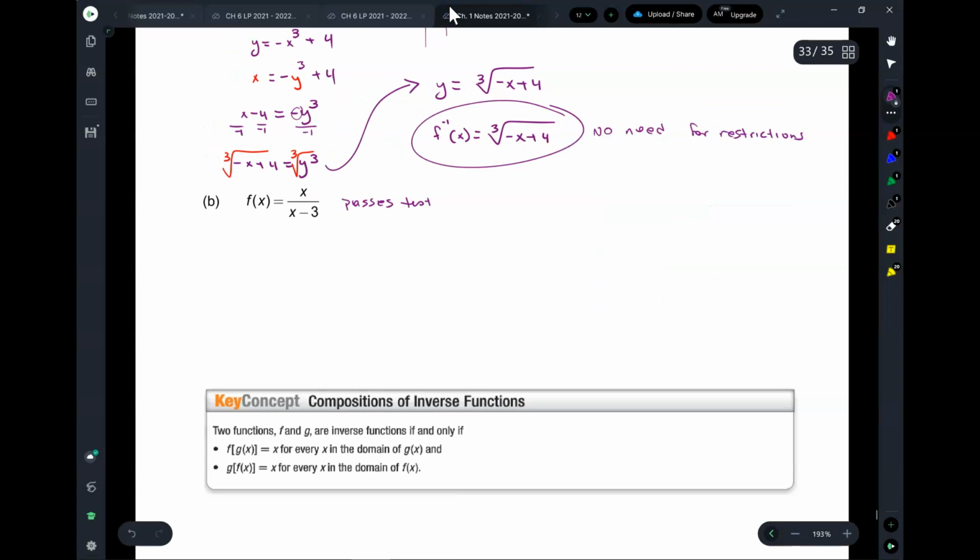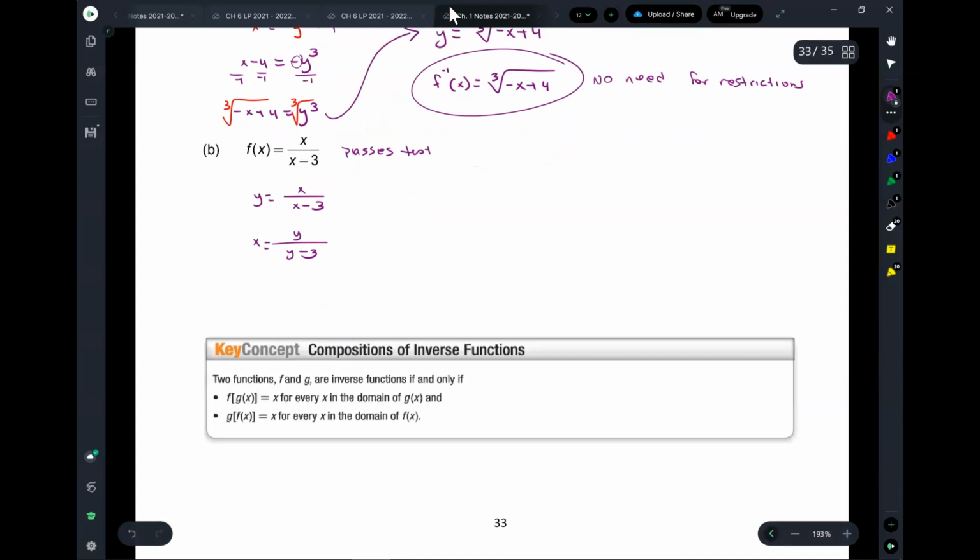Okay, so now we're going to solve for y. First, we replace this, then we swap. Okay, now, so far I haven't really done any math, I just swapped x and y.